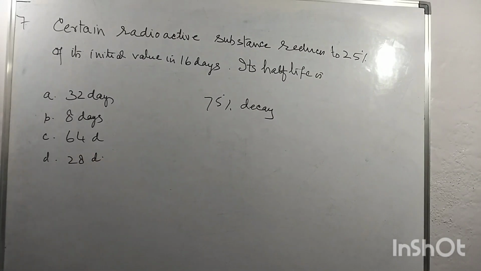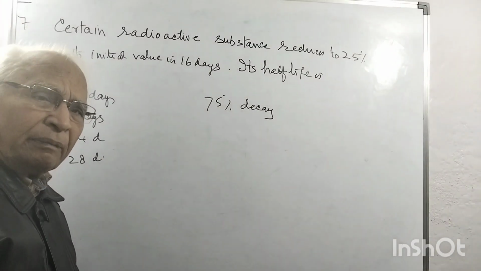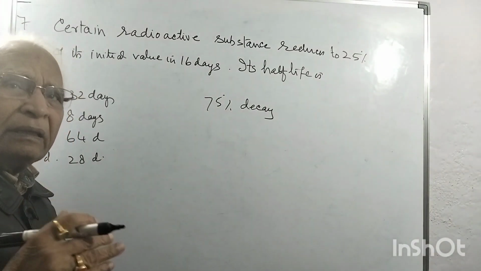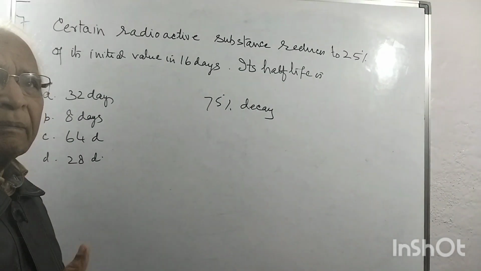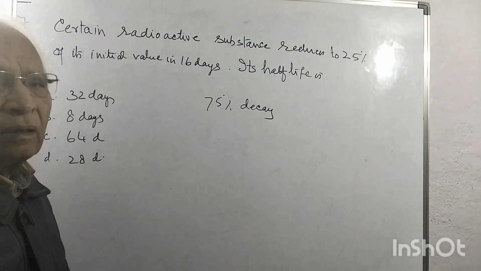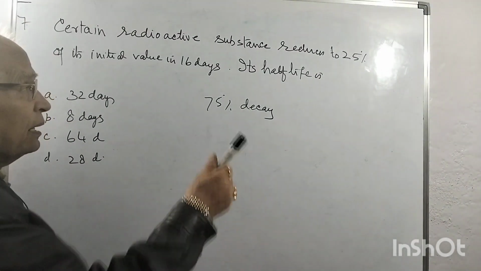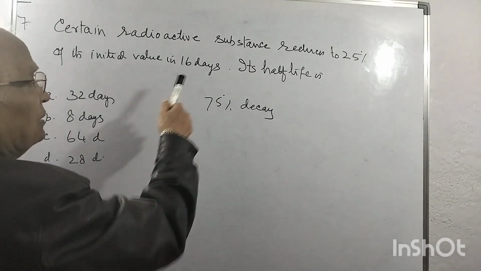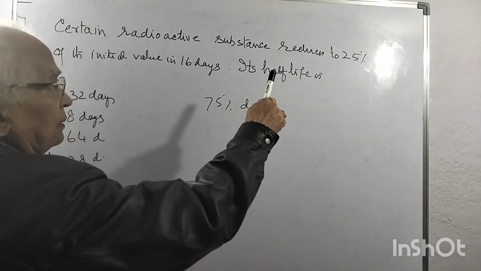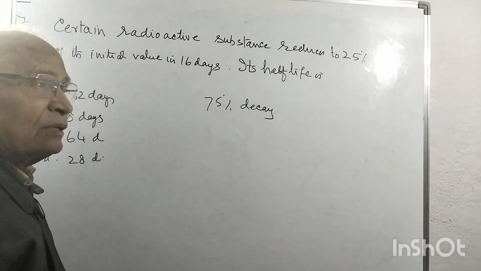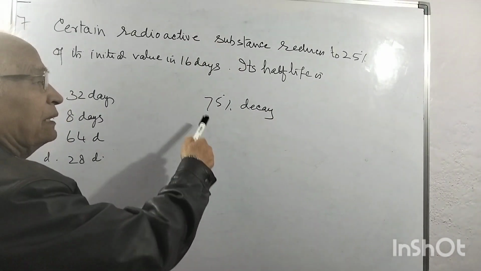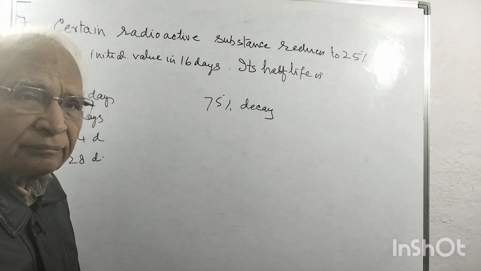Which is the correct answer? You see, this question is also from common sense. They are asking what is the half-life? Half-life means the system decays by 50%. It remains half of its initial. Here the system in 16 days goes to 25% of its original, meaning 75% decay.